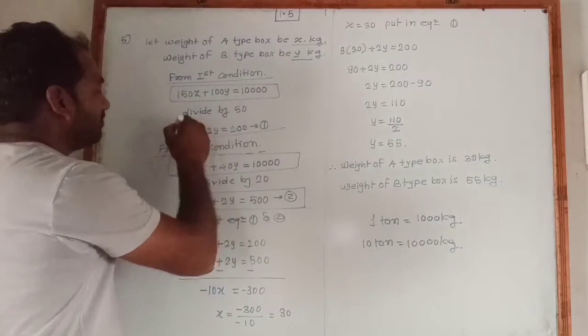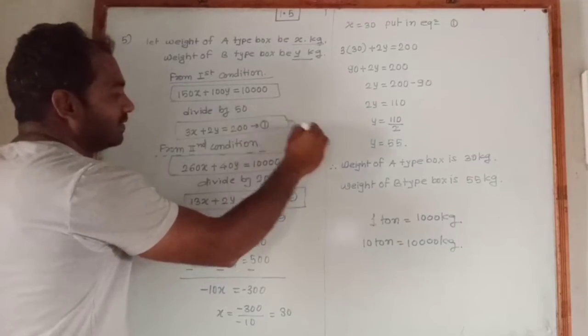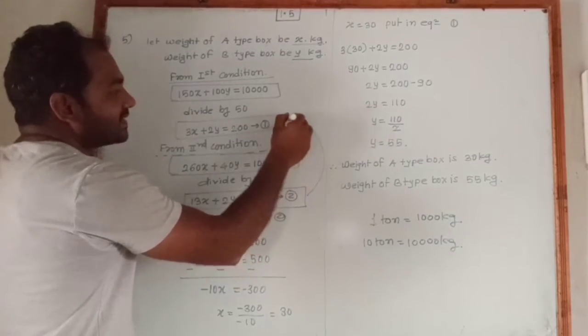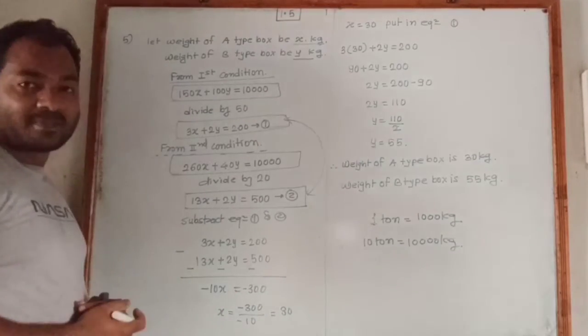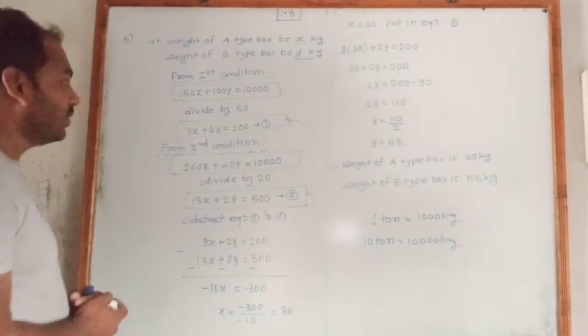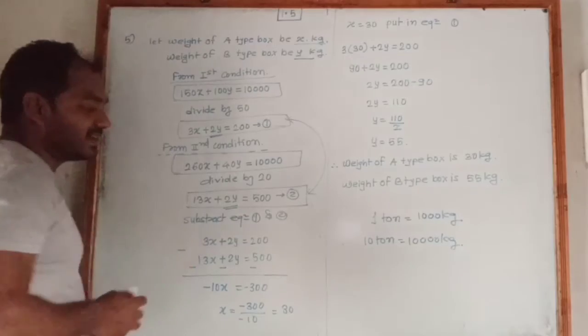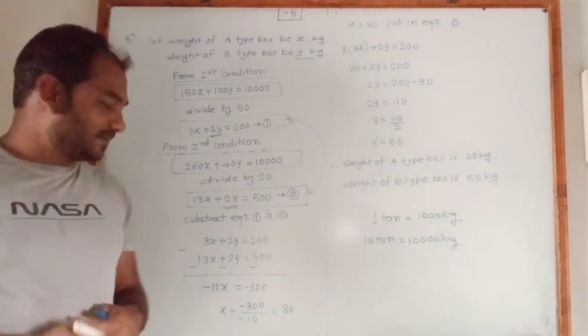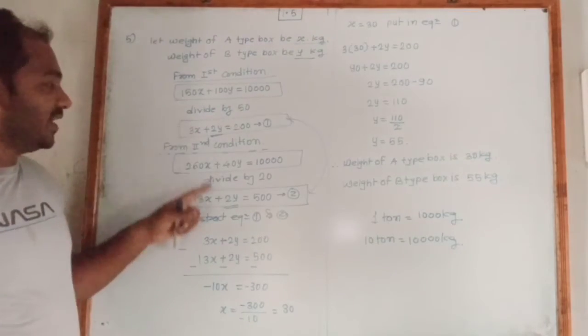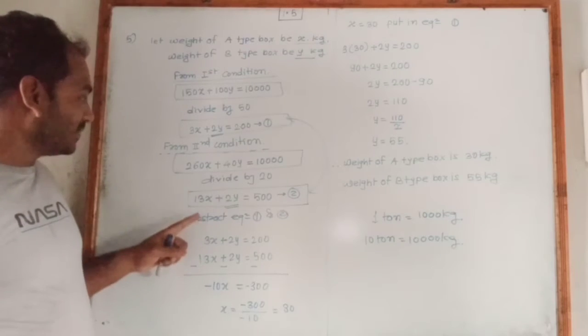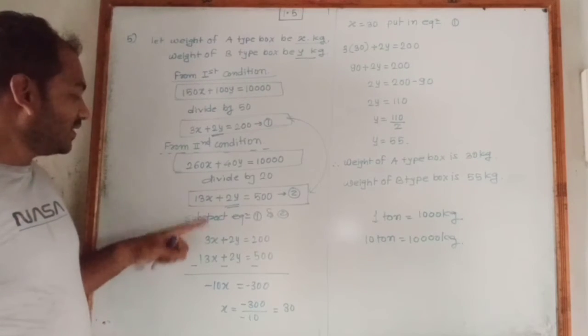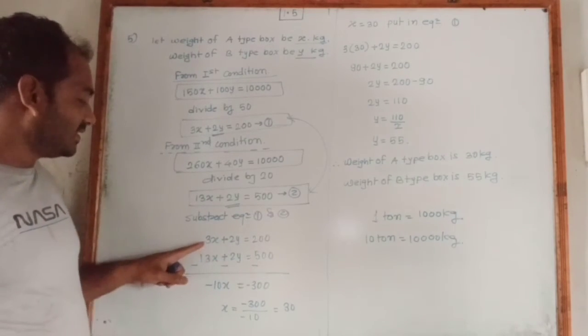So equation number 1 and equation number 2 are simultaneous equations. Now check the coefficient of y, they are the same and the signs are also the same. So we subtract equation 1 from equation 2 here.